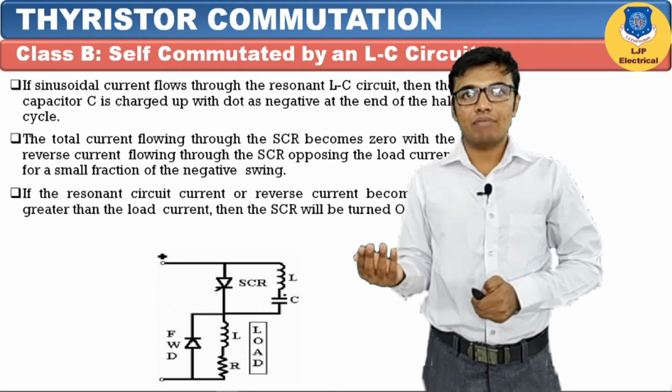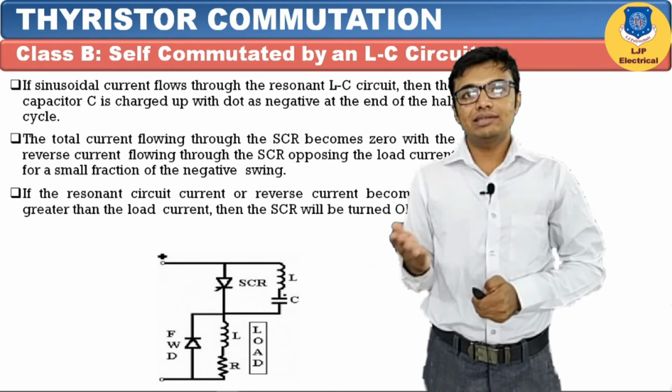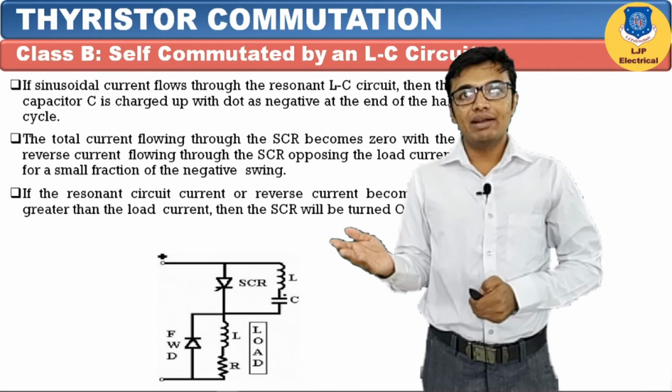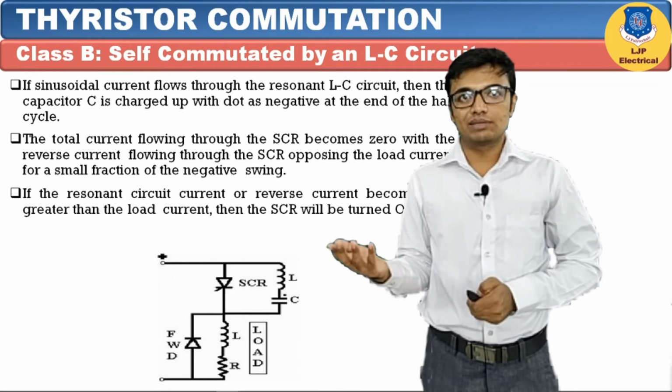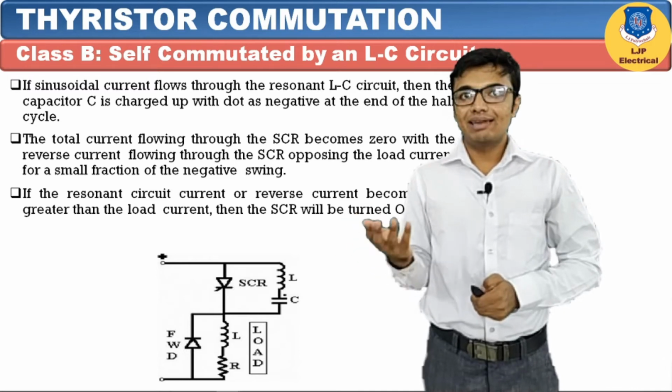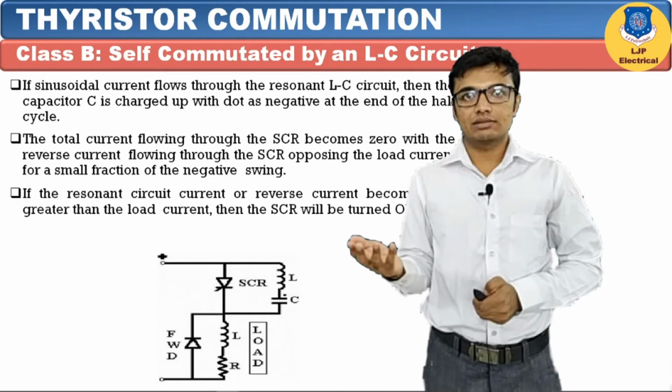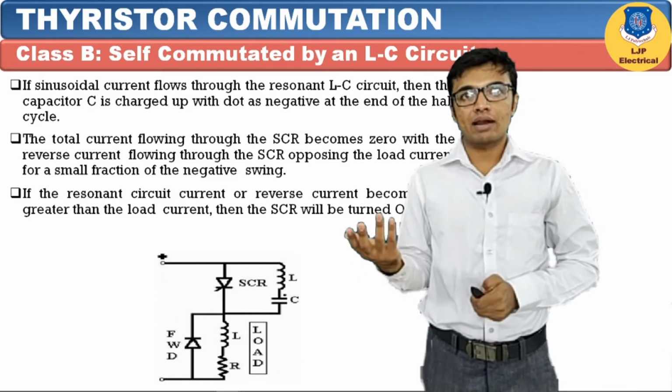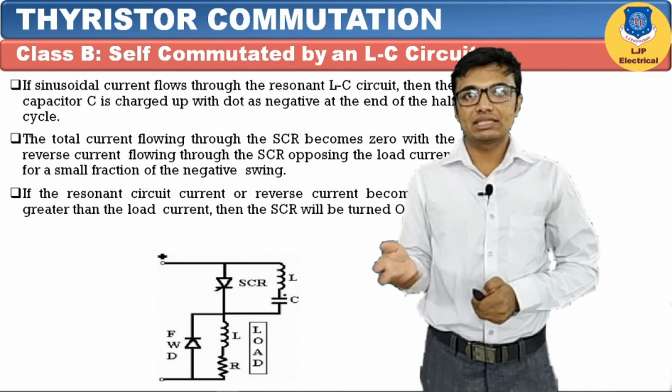When this capacitor is fully charged, this SCR will get reverse voltage across it, such that the current through this SCR falls below the holding current, and due to the reverse voltage this SCR will turn off after some time duration.